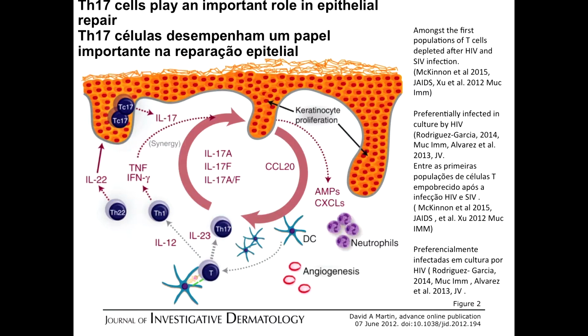So relating to HIV, it's been known for a long time that these Th17 cells are depleted very early in infection, for both HIV and SIV. And then if you take the cells out of culture, they are also preferentially infected.